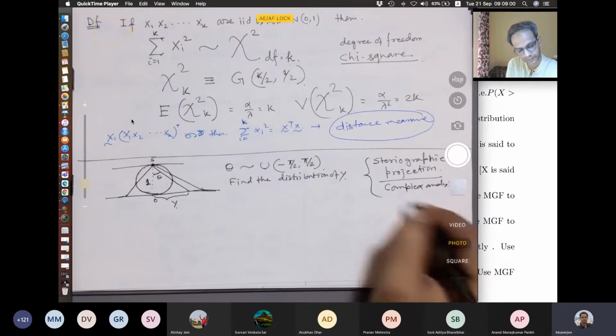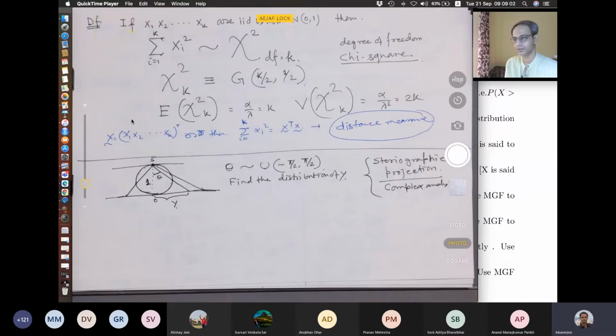I hope you have heard the name of Riemann, because you have learned integration due to him. This idea of stereographic projection and its connection with complex numbers is all due to him again. And this is in 2 dimensions; in complex analysis it will come in 3 dimensions. But anyway.